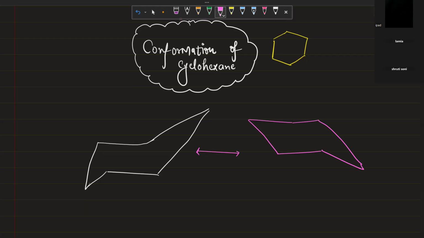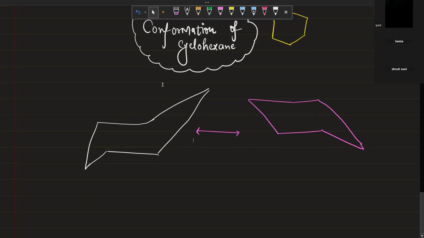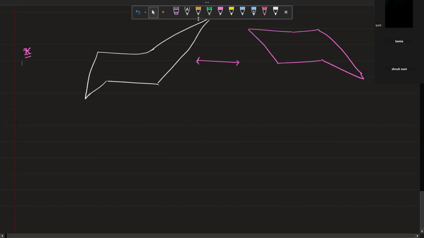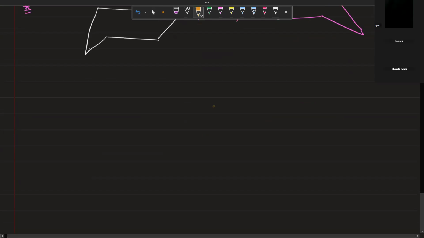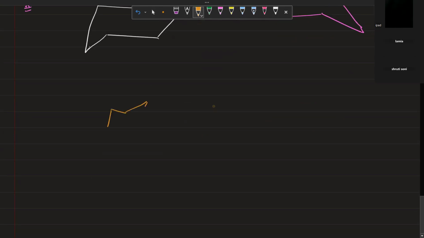Now the major thing that comes is how we can represent the axial and equatorial bonds. These axial and equatorial bonds are very important. So what we are going to do is firstly make a simpler structural formula. In this structure, the bonds we are going to alternate.